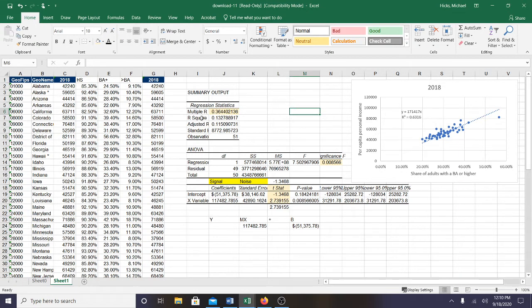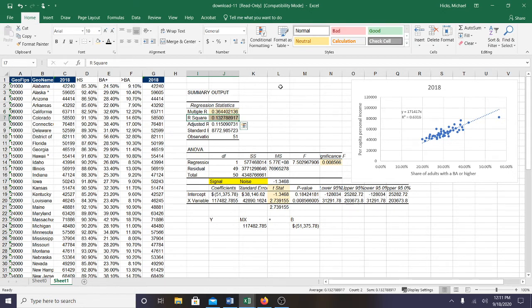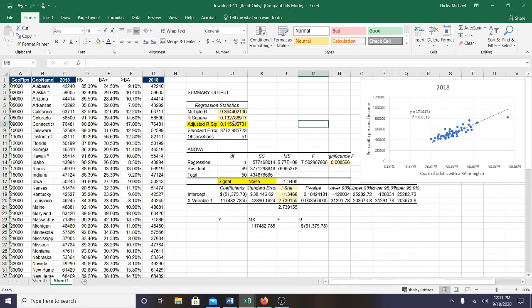And the R squared is 0.13. Both of these are often reported. This is not often reported in software that is used by statisticians. The R squared is often reported by statisticians, but the most commonly reported value is the adjusted R squared, because whenever you add variables together, the R squared goes up.